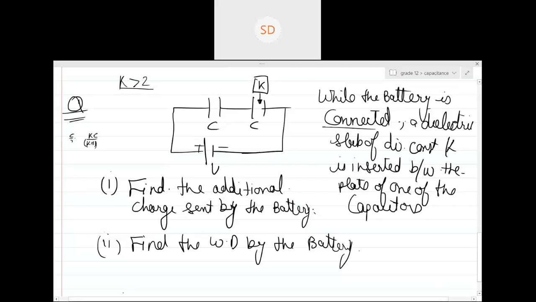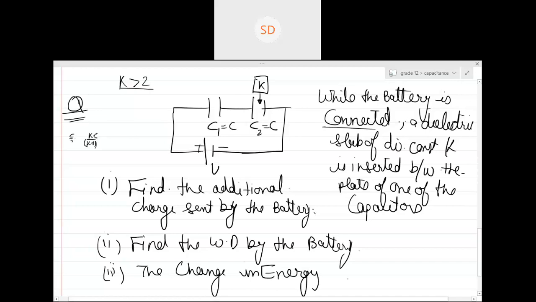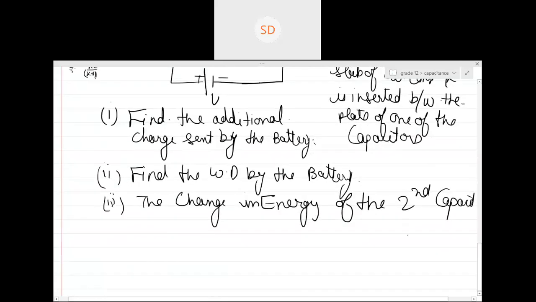Yes guys, please start. The change in energy of the second capacitor. Not necessary. Of both the capacitors.